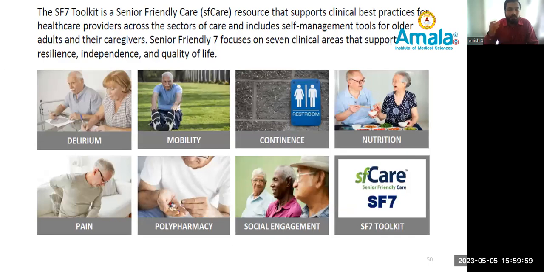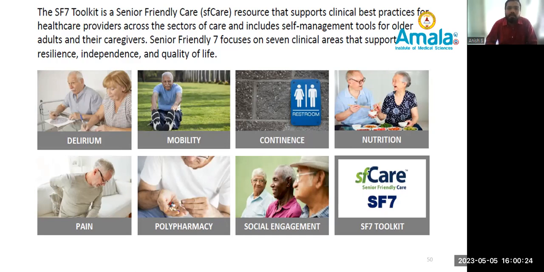There are a lot of tools available, not Indian tools though, which can be used by laymen, by general people, by healthcare providers. One of them is Senior Friendly Care, wherein they address problems of delirium, mobility, continence, nutrition, pain, polypharmacy, social engagement.